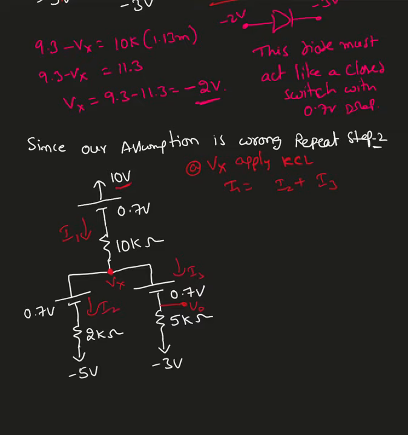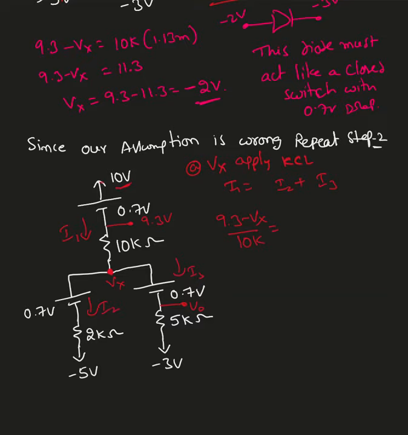So I1 equals I2 plus I3. The voltage at this point must be 9.3 volt. So I1 equals (9.3 minus Vx) over 10K. How did I get that 9.3? 10 volts minus 0.7 gives you 9.3 volts.